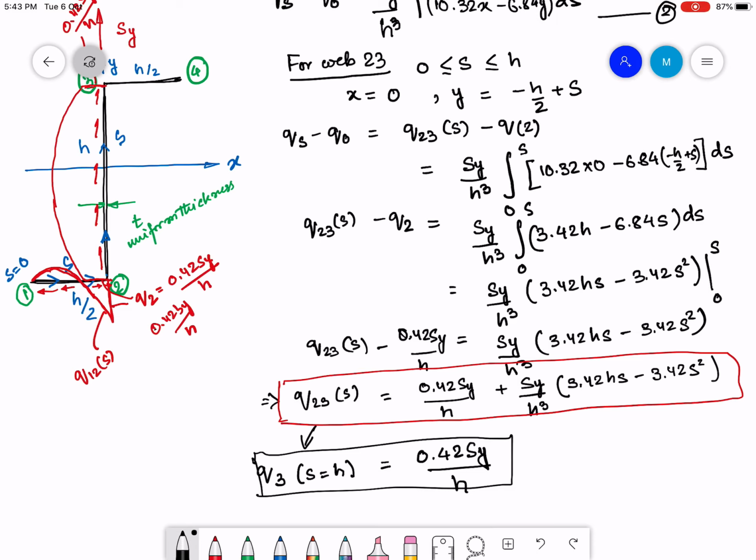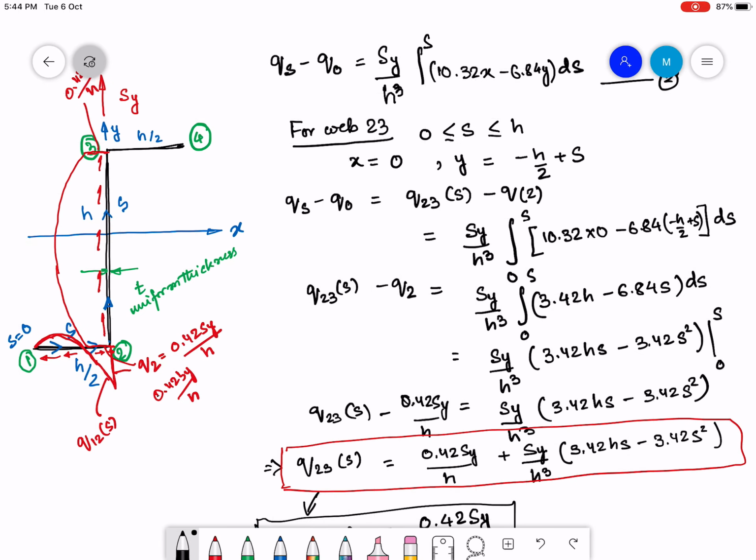You can also do similar checks for a symmetric cross section, which is always going to show you whether the calculation that you have done is correct or not.